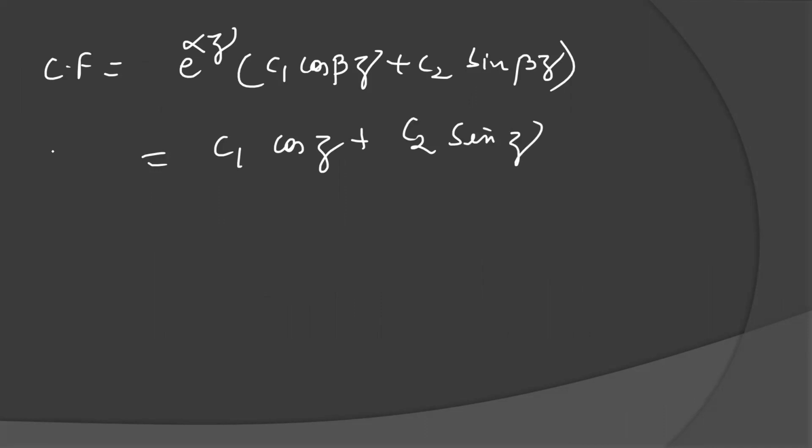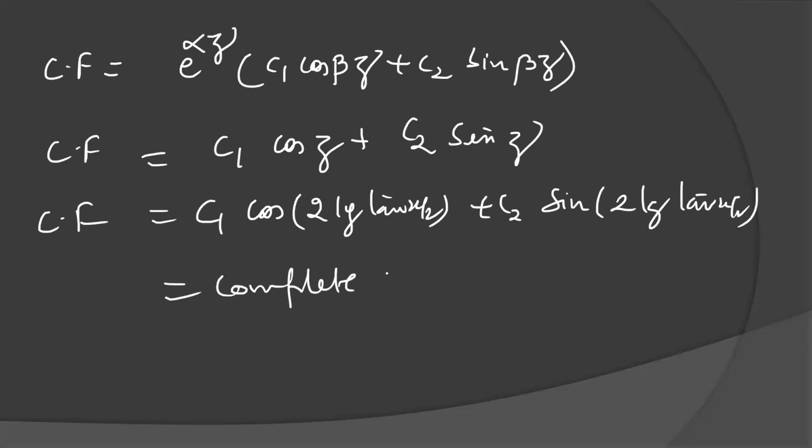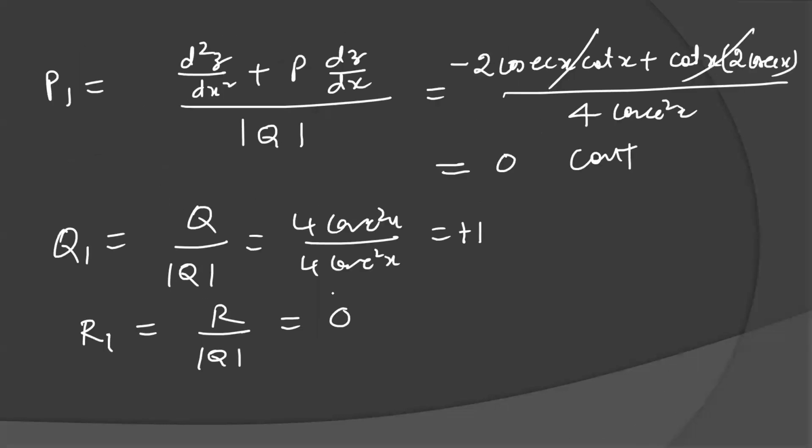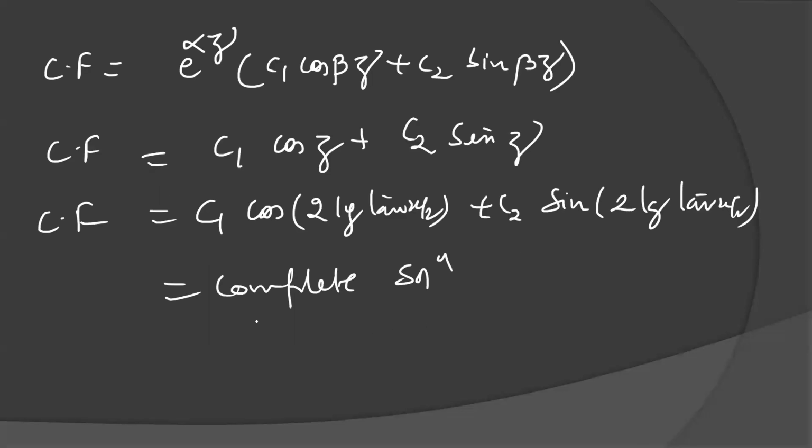But the question is given in the x variable, so put the value of z, which is 2 log tan x by 2. This CF will be the complete solution because this is a homogeneous linear differential equation. There is no particular integral in this case. So this is the solution of the given differential equation.